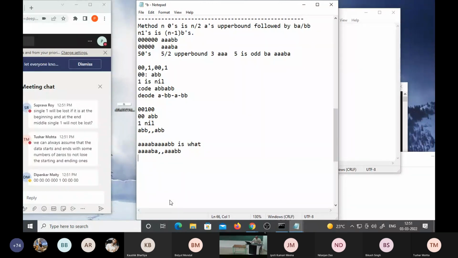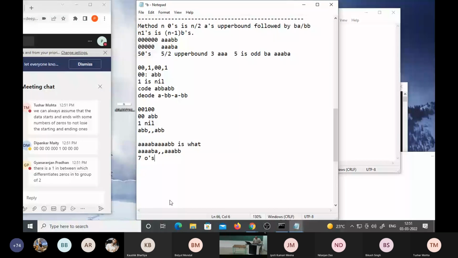So this will become 7 zeros. No, not Dipanka. It is 7 zeros, not 9. 7 zeros. This becomes single one. This will become 6 0.